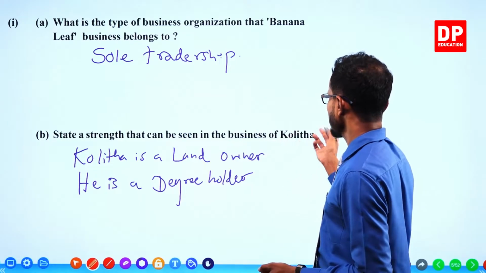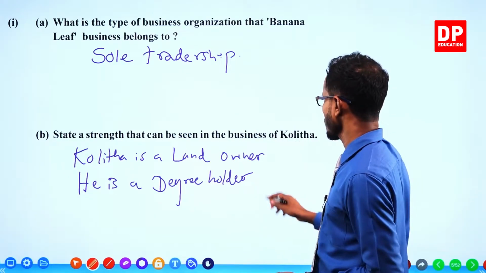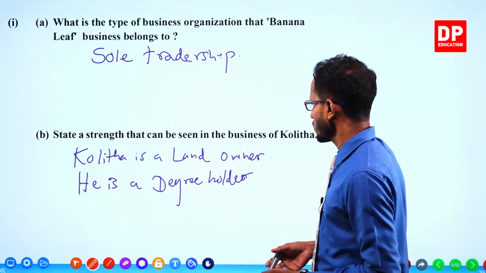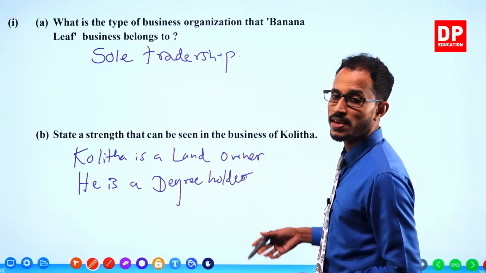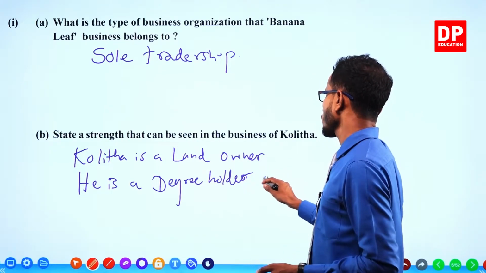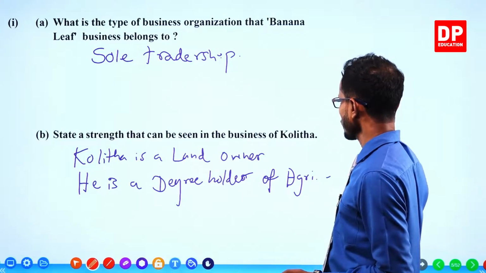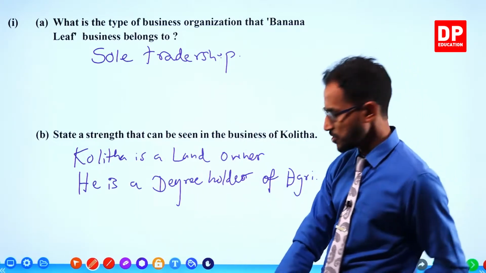Strength that can be seen in the business of Kolita. Degree holder, if you want to emphasize on his strength, you can write, he is a degree holder of agriculture. Moving on.